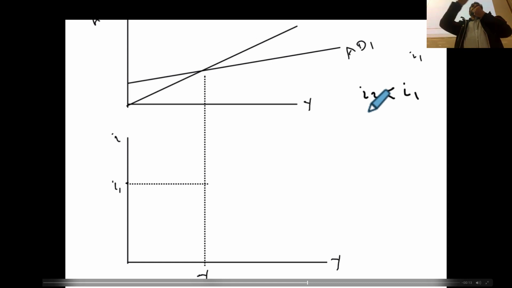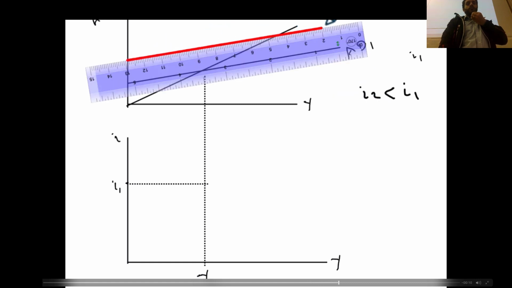The way that aggregate demand responds is, because we know there's a negative relationship between investment and the interest rate, a lower interest rate means higher investment, and because investment is a component of aggregate demand, that means an upward shift in the aggregate demand curve, which is the red line now. That takes us to another equilibrium point, which is the intersection with the 45 degree line.